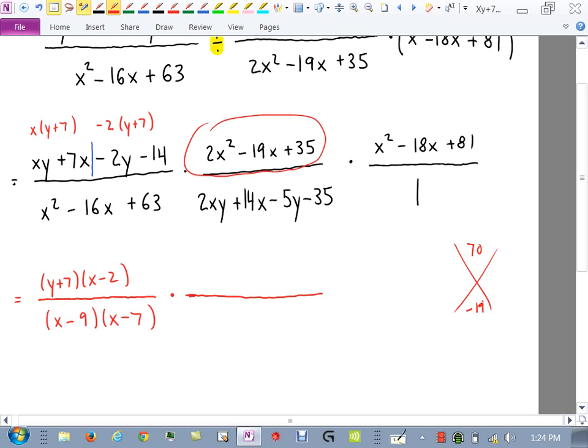Negative 14 and negative 5. So negative 14 and negative 5. So if you do this, you should get 2x minus 5, and then it should be x minus 7, I believe. 2x squared minus 14. So again, I didn't show that work, okay? I didn't show the work for this one, but that's at least the start of it.